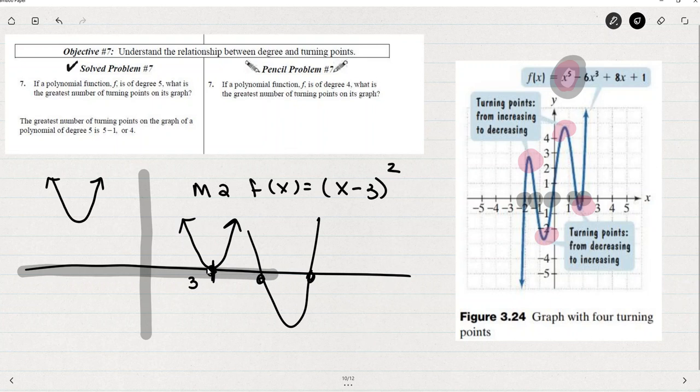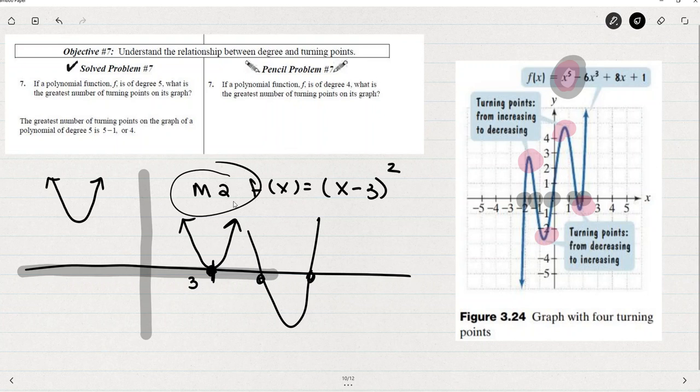So that's why I say at most 5, or at most 2 for a square. In this case, for x to the 5th, the most we could have is 1, 2, 3, 4, 5. But we're not always guaranteed that there'd be 5, but we are guaranteed there's not 6 or 7 or more than 5. With that multiplicity, we could see something bouncing and coming back.